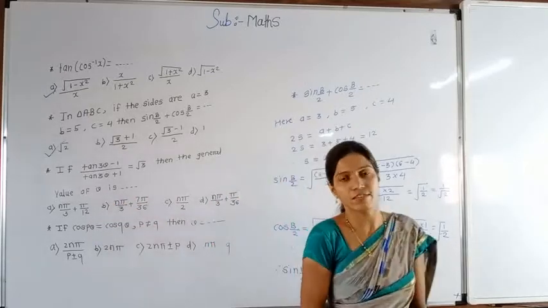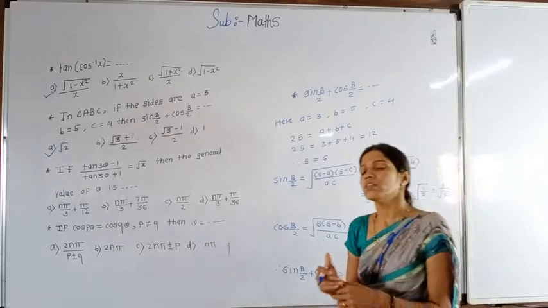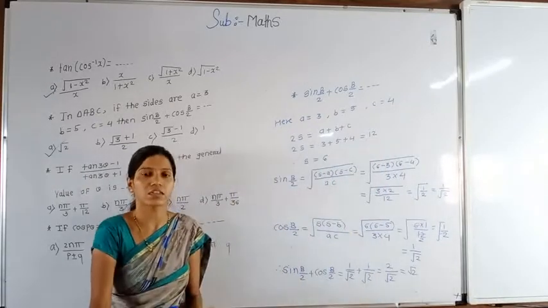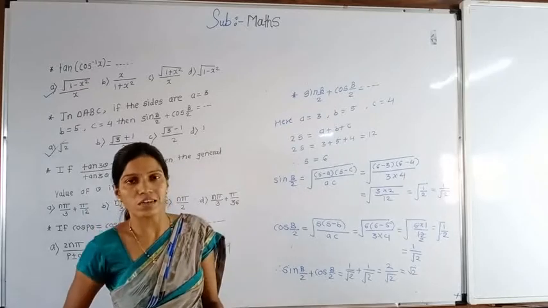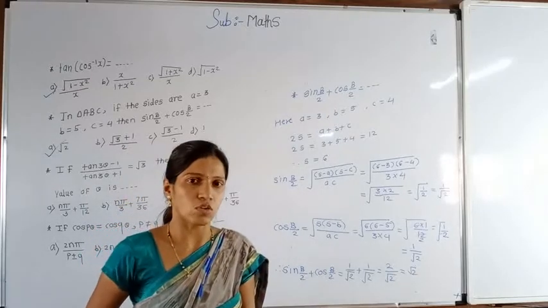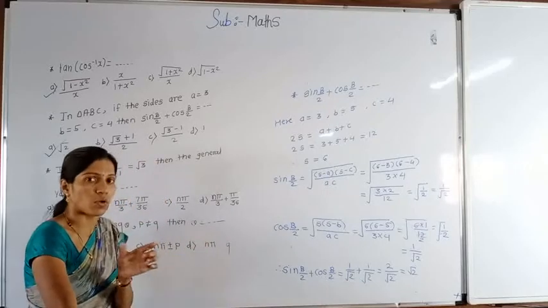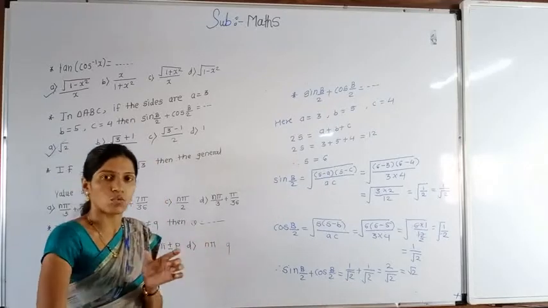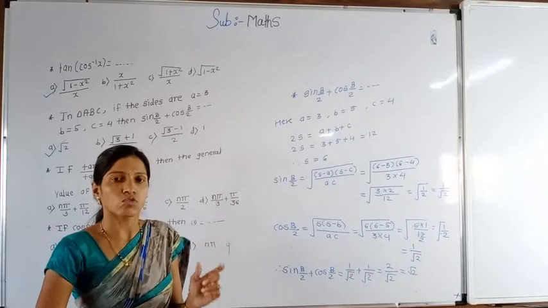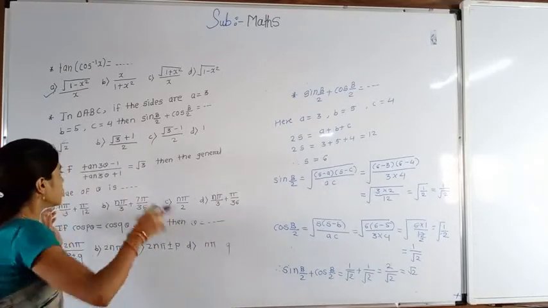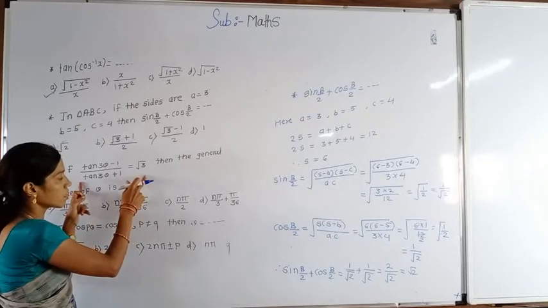In that case, we know the standard results of trigonometric equations, like sin theta is equal to 0, cos theta is equal to 0, tan theta is equal to 0, or see here we know that tan theta is equal to tan alpha, cos theta is equal to cos alpha, and also sin theta is equal to sin alpha.